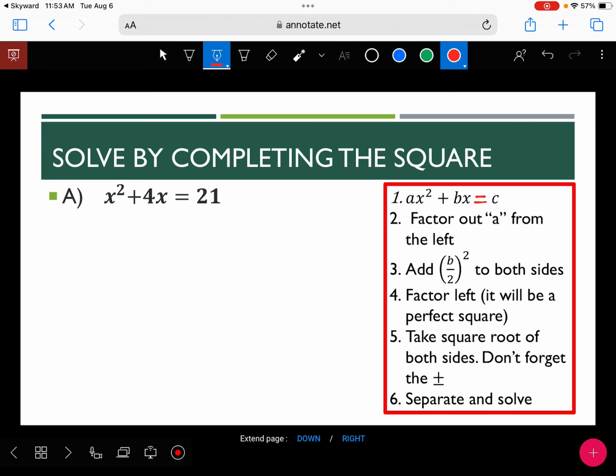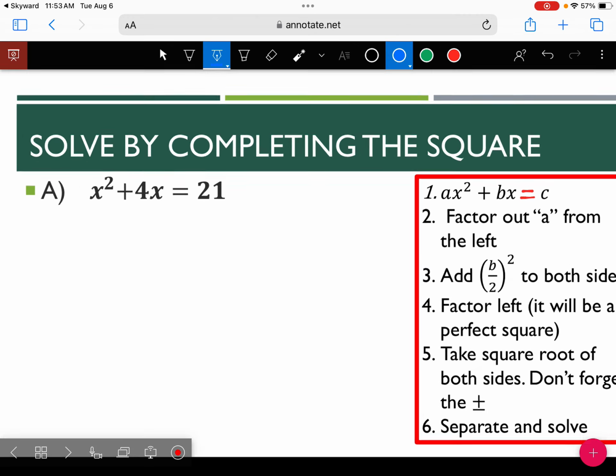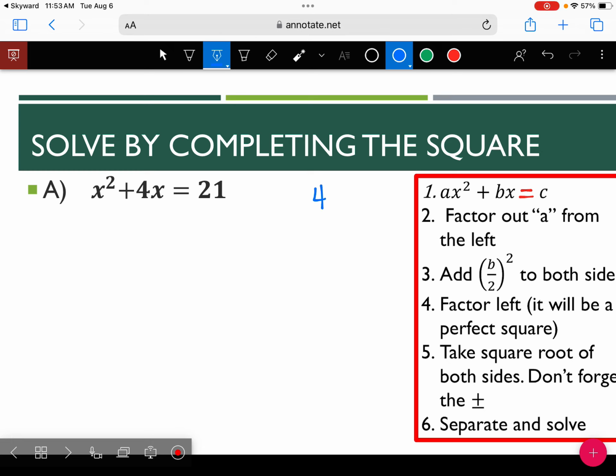So what is B? 4. So I want you to figure out what is 4 over 2 squared. So we're on step 3 now. Take B, which is 4, divided by 2 and square it. So 4 divided by 2 is 2, and 2 squared is what? 4. So that's what I'm going to add to both sides.